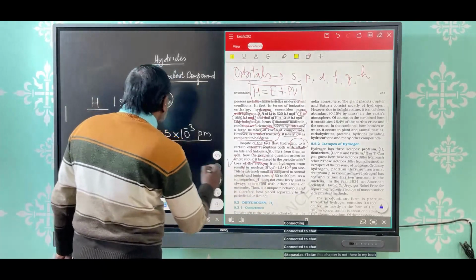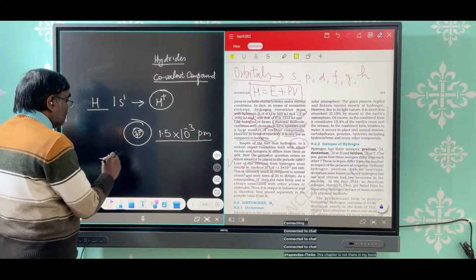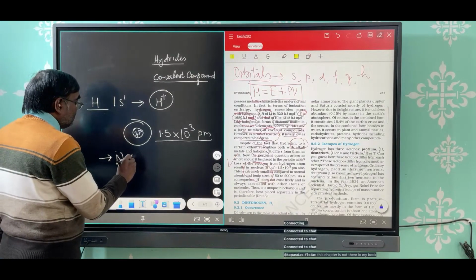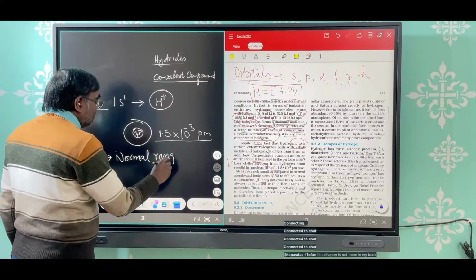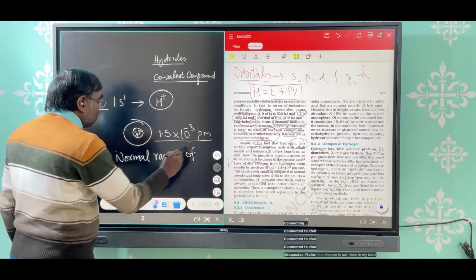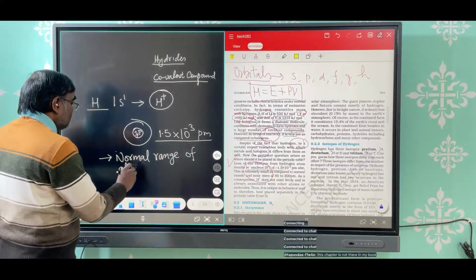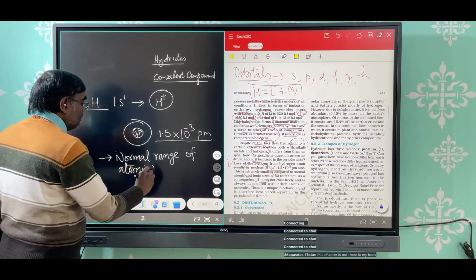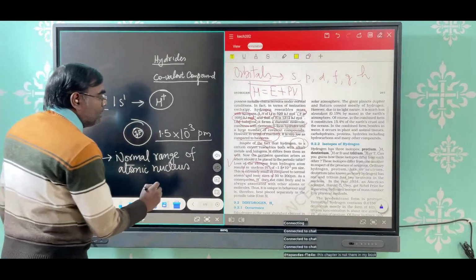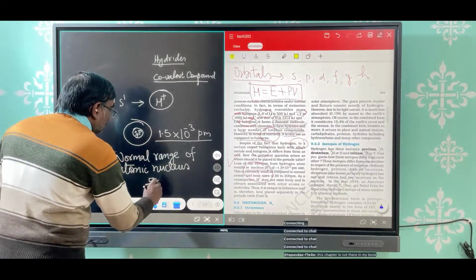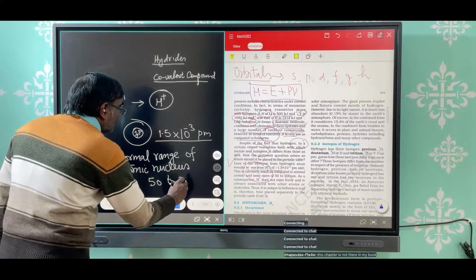Make it a point: the normal range of atomic nucleus is 50 to 200 picometer.